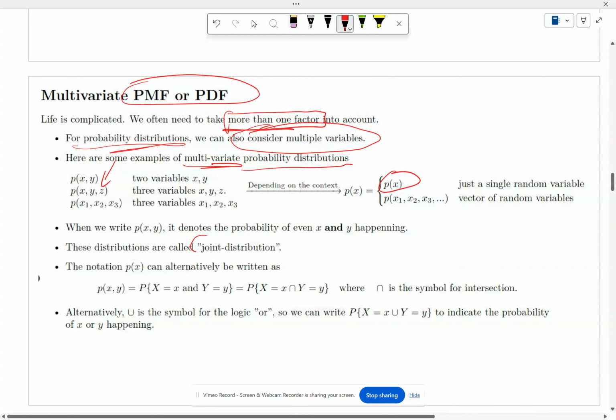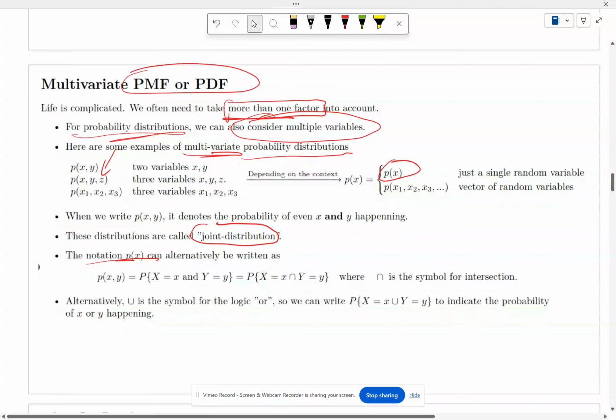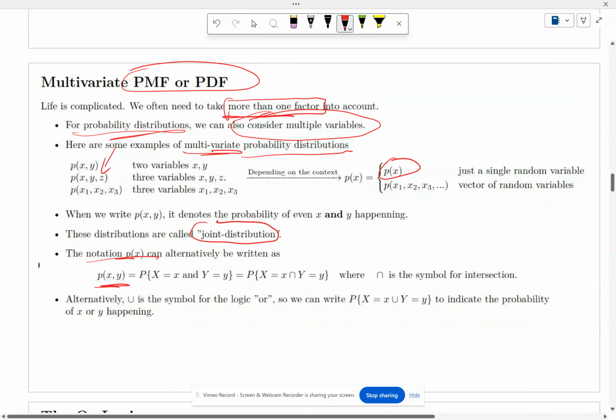So, joint distribution. And for the alternative notation, you can put some logic into it. You can also say this P of x and y is written as the probability that, out of all the possible x events, x happens, and out of all the y events, y happens.